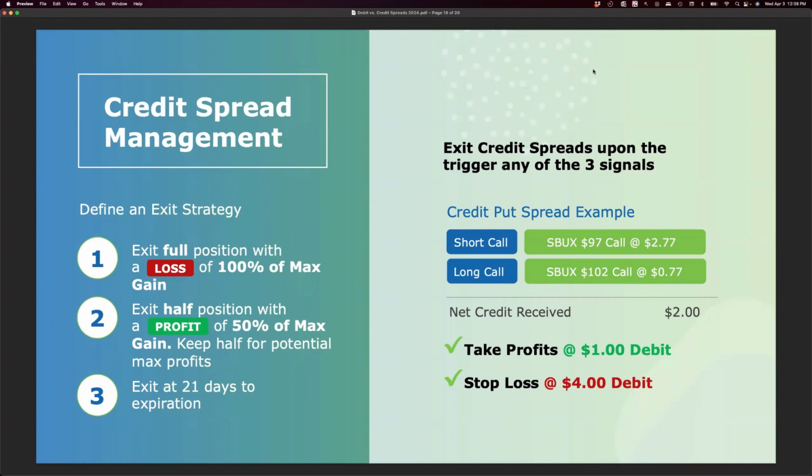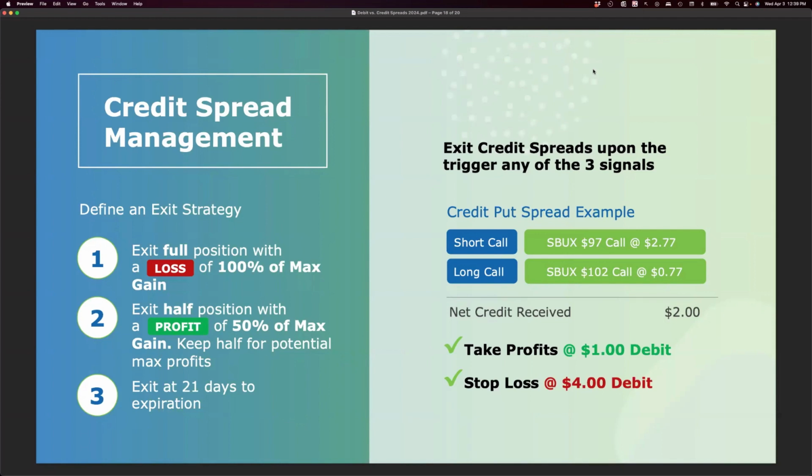You are at the mercy of whoever purchased that call or put option. There's one additional rule for managing credit spreads that helps you reduce your exercise risk. So let's first talk about profit and loss, and then we'll talk about the time-based rule.